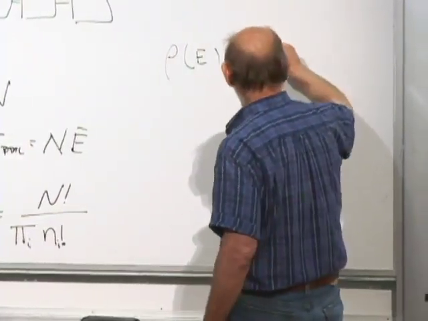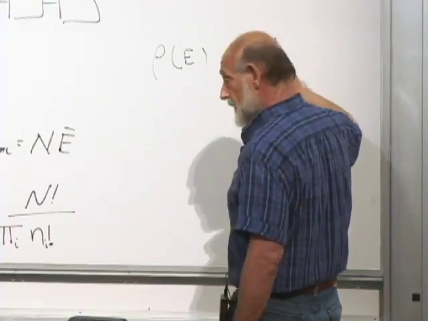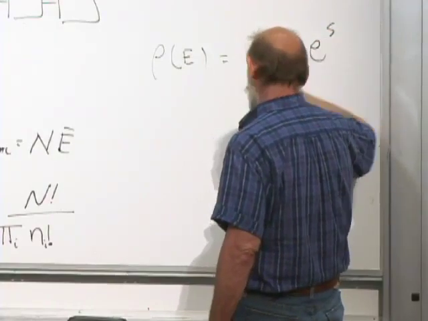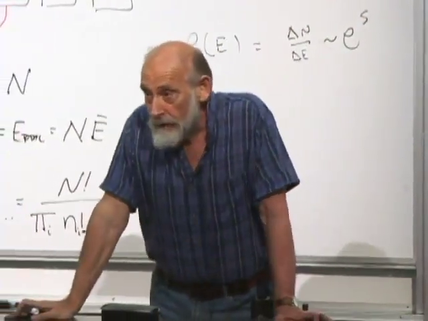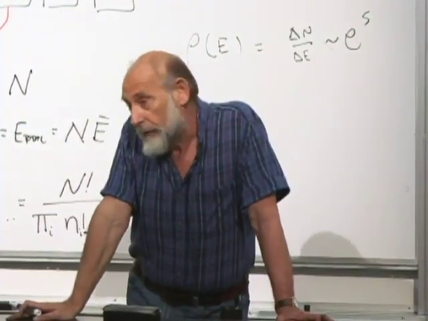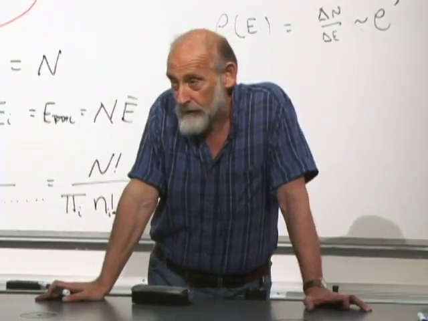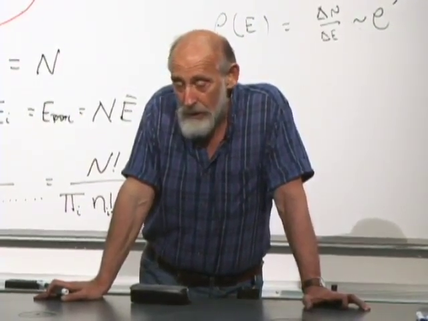It's the number of states, let's call it delta N, divided by delta E. That's e to the entropy. We haven't proved that, but that's a fact: e to the entropy is the density of states for most systems.